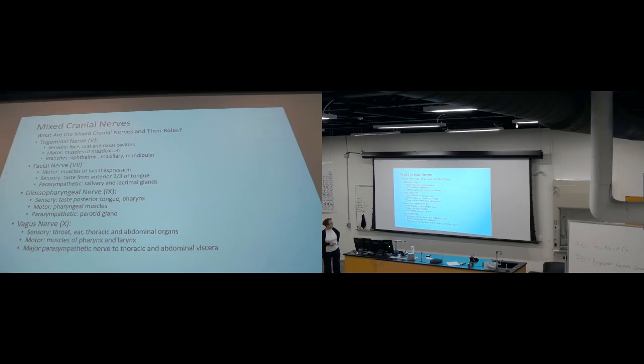Glossopharyngeal provides taste sensation to the posterior third of the tongue. It also helps us to contract muscles of the pharynx and provides sensation from this area, and it innervates the parotid gland.